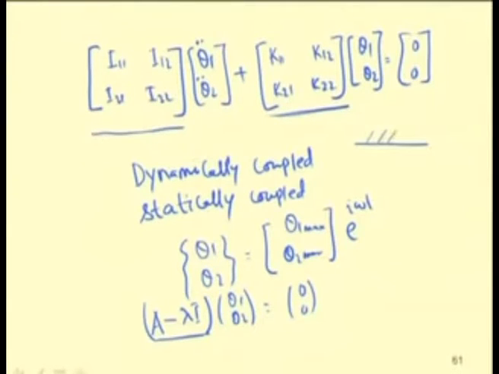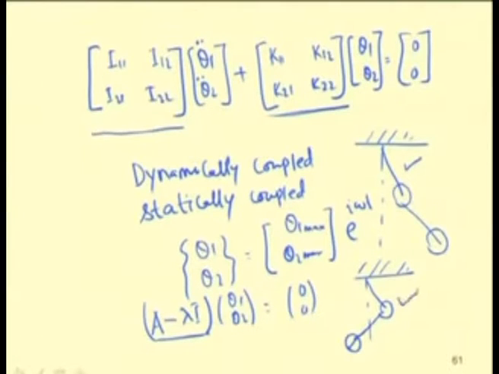So, for the first mode, if one plots, the system may look like this, and for the second mode the system may look like this. So, this shows two modes of vibration, this corresponding to the first mode and this corresponding to the second mode. So, in this way, for any 2 degrees of freedom system, one can find two natural frequencies by finding the eigenvalues of this matrix.